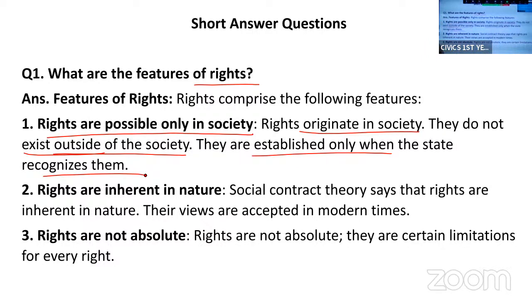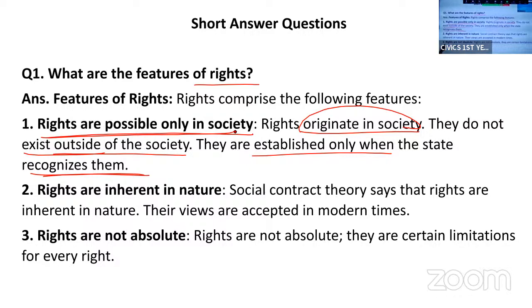The government has to recognize your rights. No doubt they originated in society, but they are recognized only after the establishment of the state. We got rights from the society, but they are recognized only after the establishment of the state. So that is why we say rights are possible only in society.